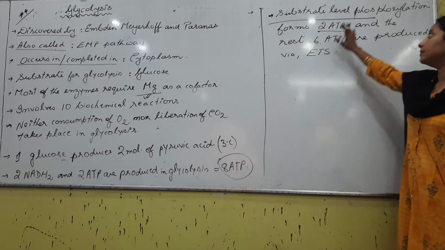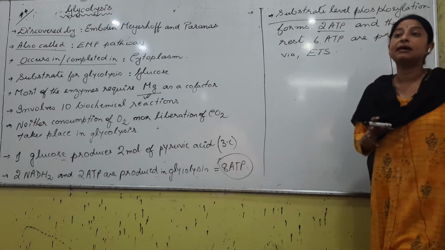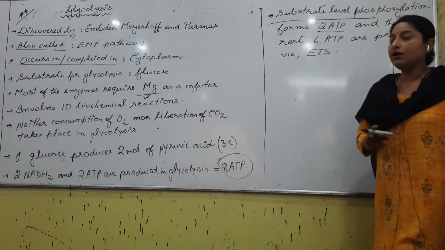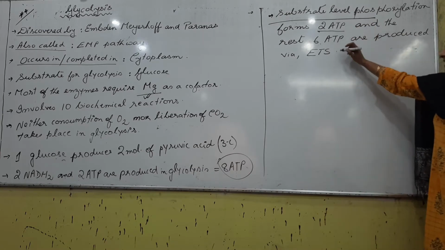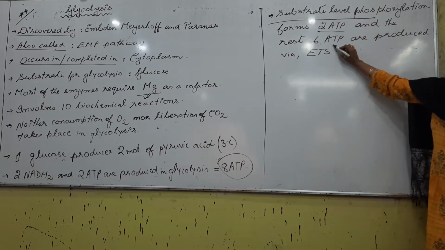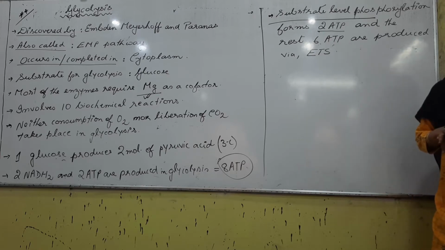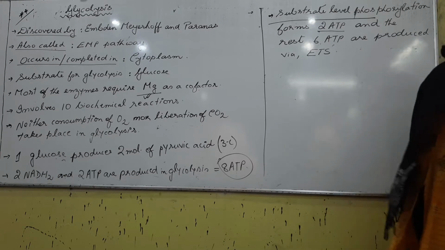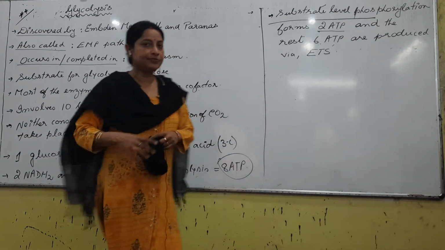Or substrate level phosphorylation in glycolysis, it is 2. Total is 8, substrate level is 2. If the question asks via ETS, it is 6, or via NADH2, it is also 6. So these were the information, now we'll write the reactions.